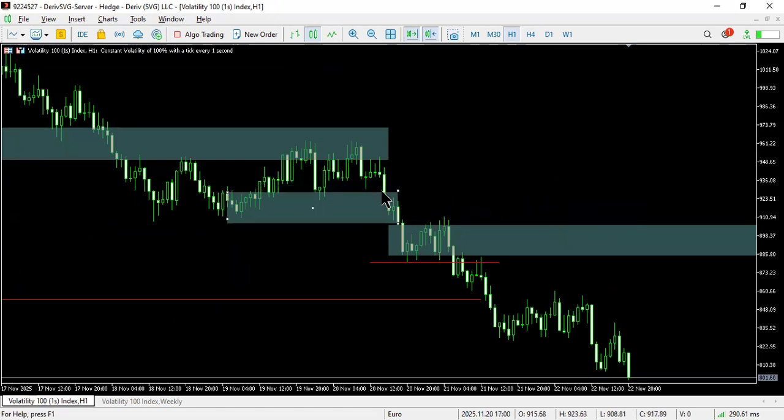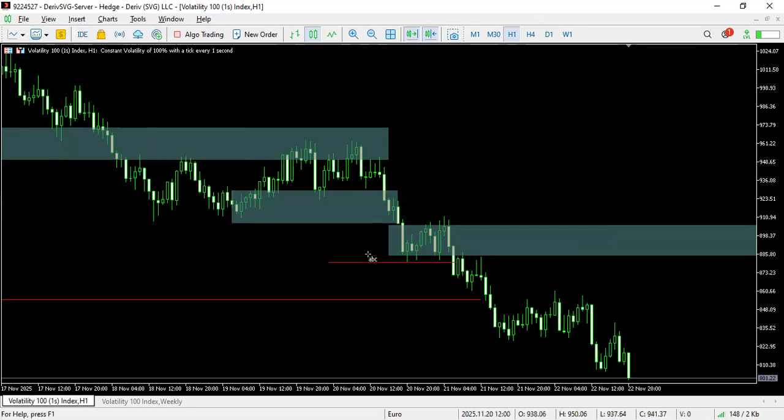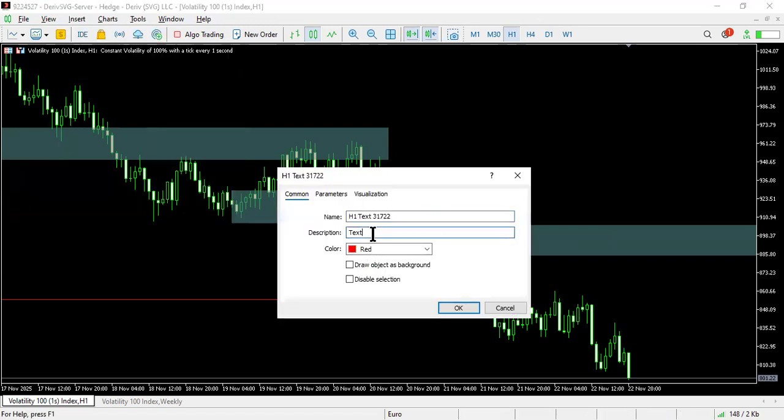And then from the 1 hour time frame, this is the break of structure. We have a break of structure there.